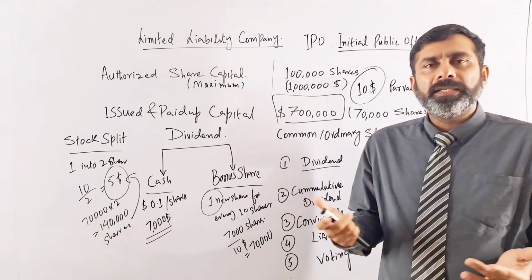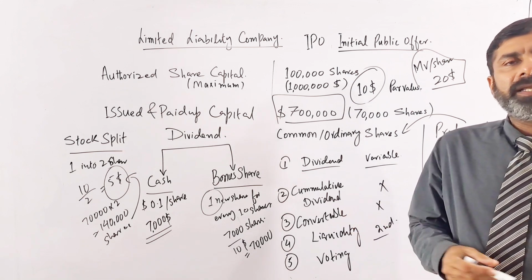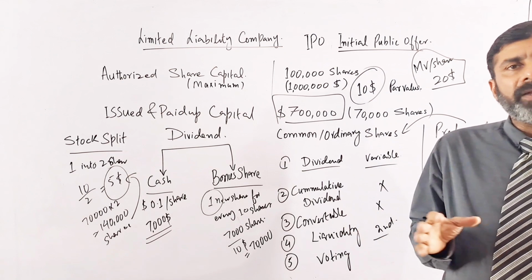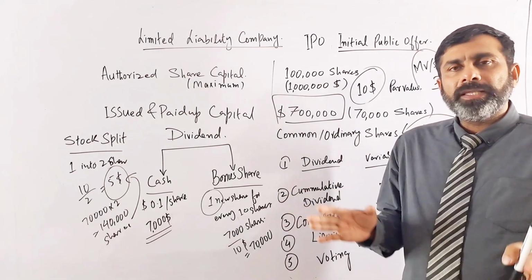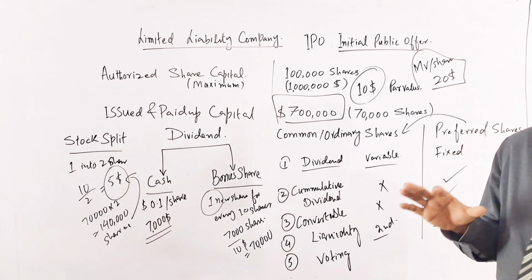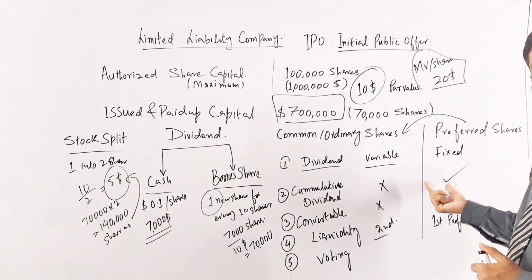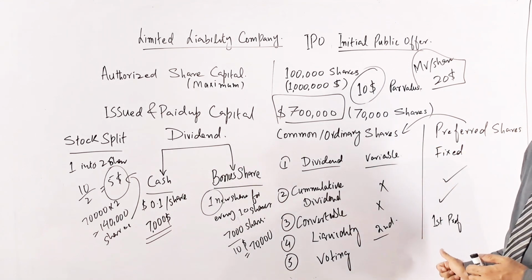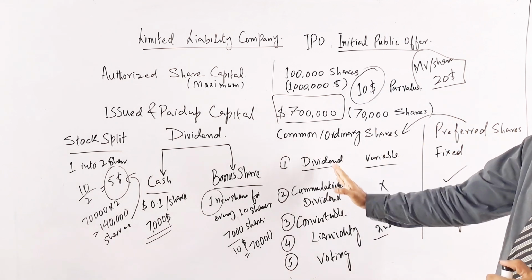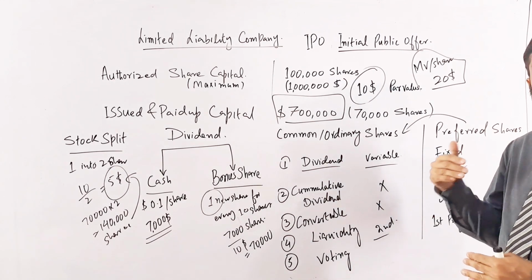Why is it closed? Sometimes the condition is bankruptcy, or a liquidation process is going on, or the company is insolvent. So they have to sell all their assets and pay their liabilities, and even after that, if some cash or some asset is left, it will be given first of all to the preferred shareholders, because it is their first preference. Anything left will be given to the common shareholders. So they have a first preference even at the time of liquidation.